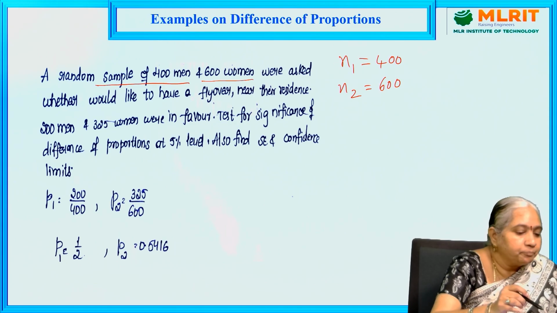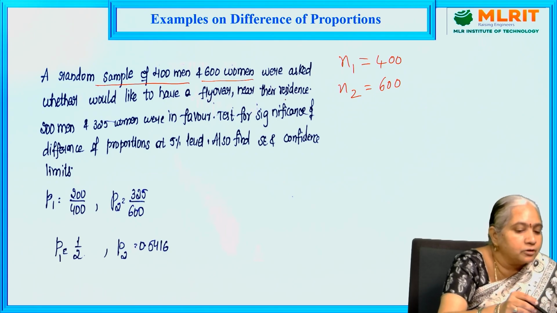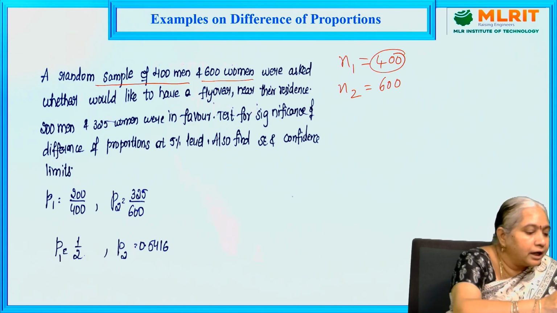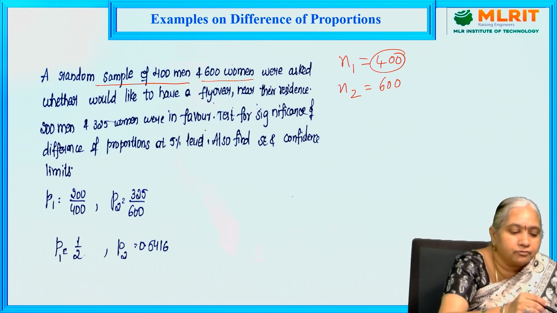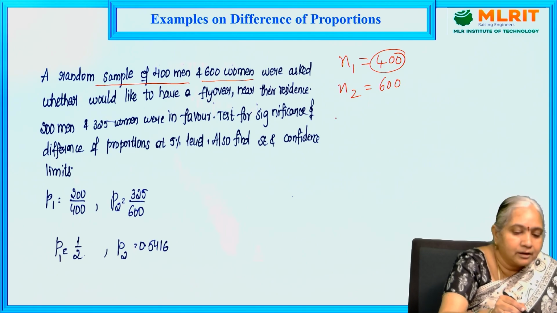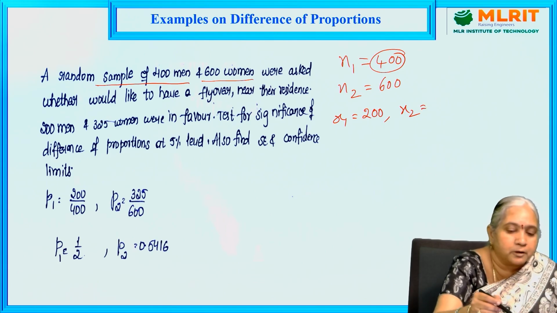Moreover, the enquiry is whether they favor the flyover near their residence. Out of 400 men, x1 equal to 200 men favor the proposal, and x2, the number of women who favor the proposal, is 325.